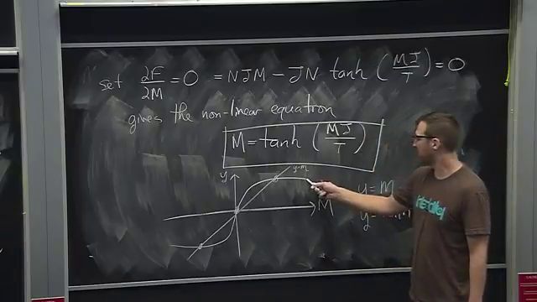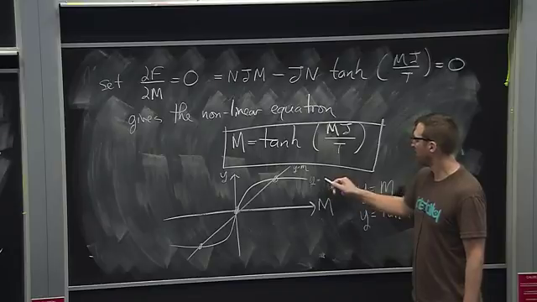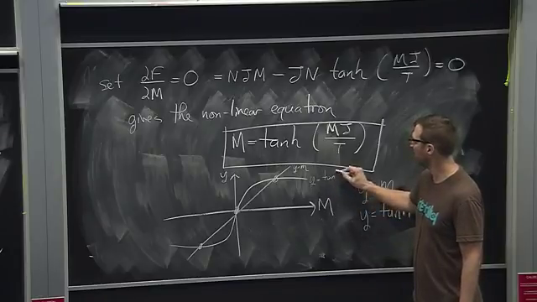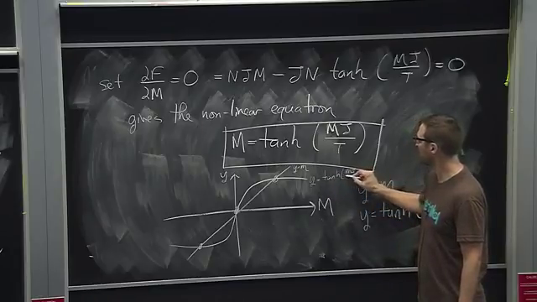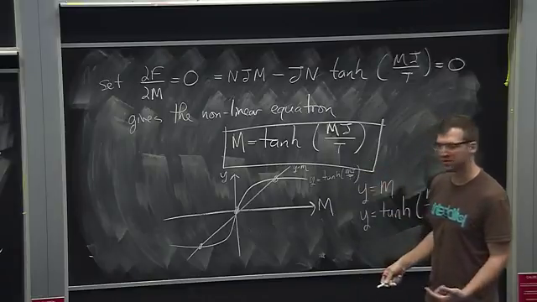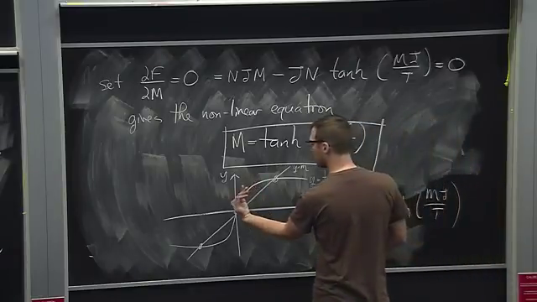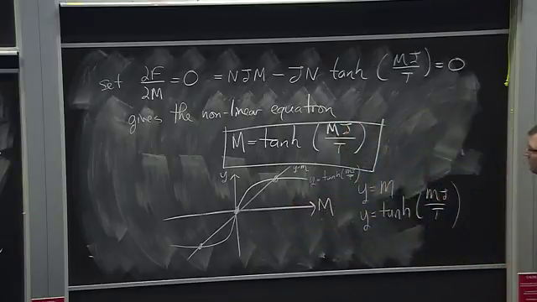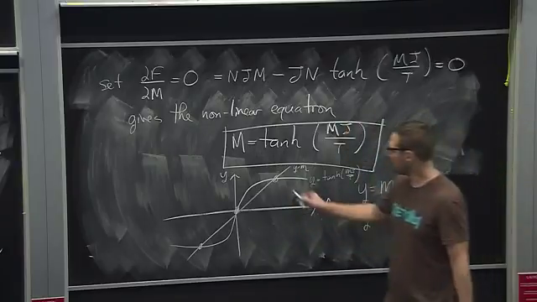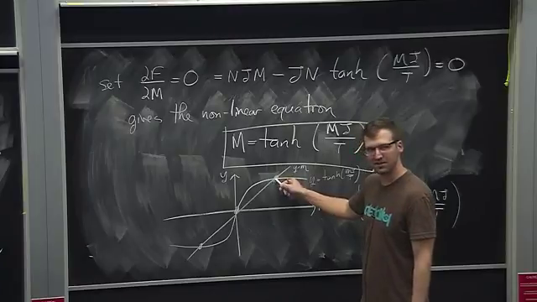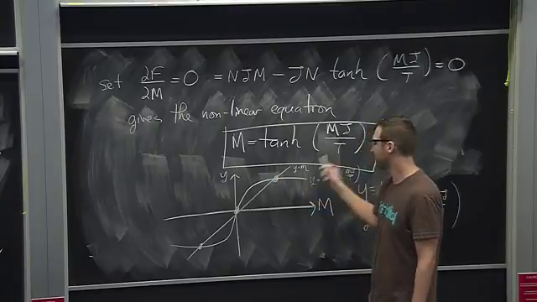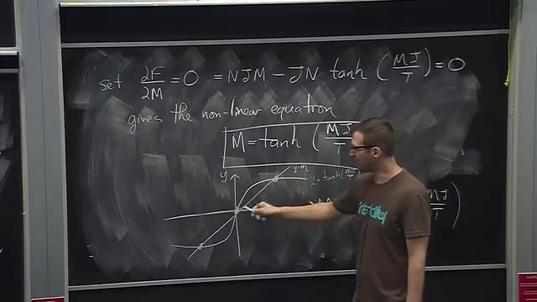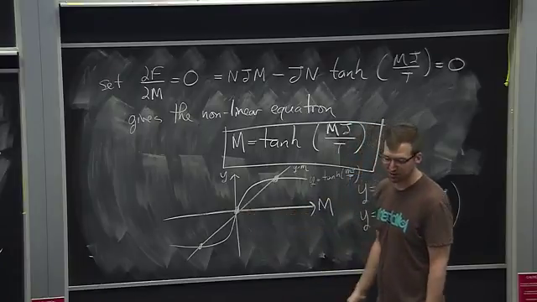And the shape of, say, the hyperbolic tangent changes with temperature, right? So it either gets stretched out or pushed back. So what happens is you have a solution or an intersection of these two lines for some temperatures, and for some temperatures you have one unique solution, which is zero magnetization.